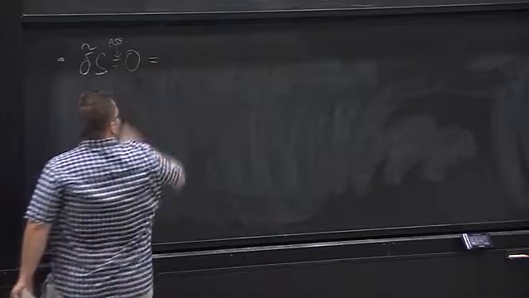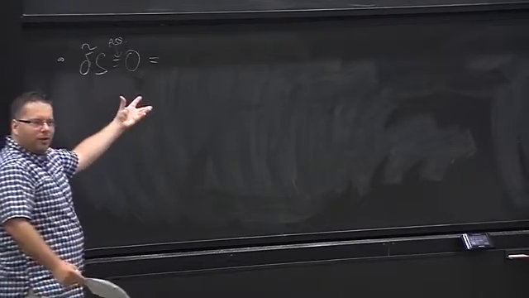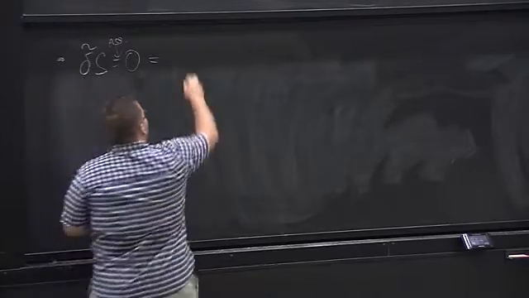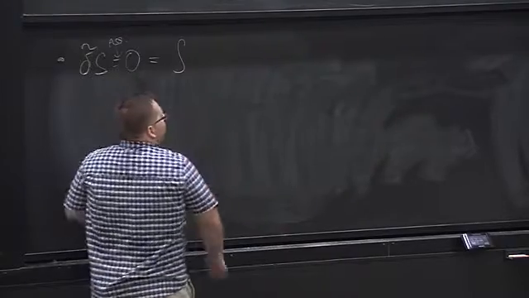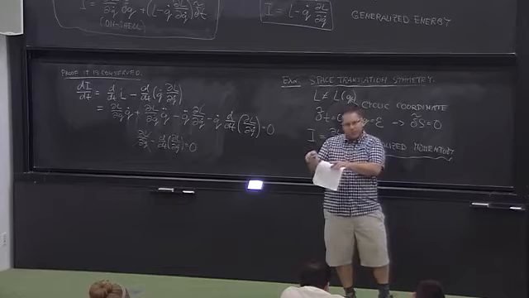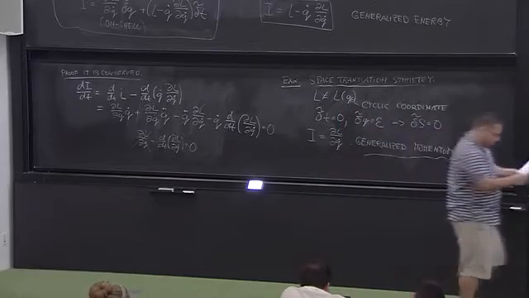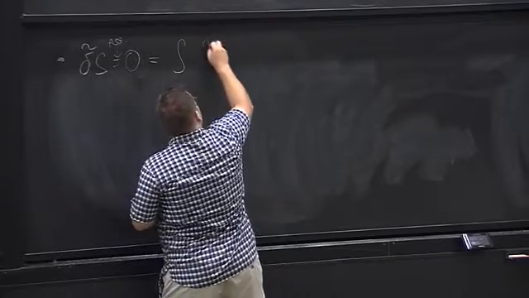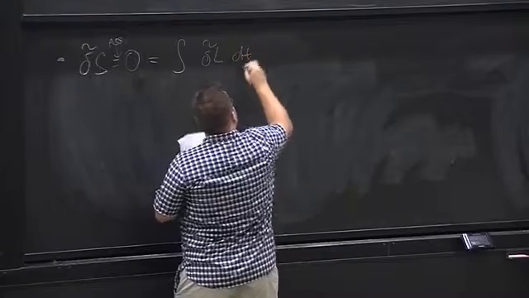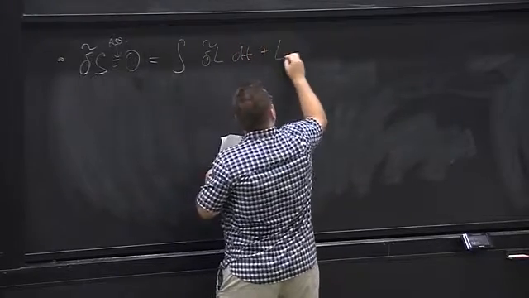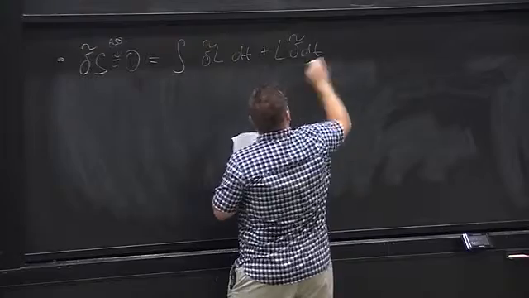So now what is this here? Similar to deriving the equations of motion, I want to apply this delta tilde on whatever is underneath the integral. So this is the integral of L dt, but now delta tilde changes both. It changes L, but it also changes t. So I will have two terms: delta tilde of L dt plus L delta tilde of dt.